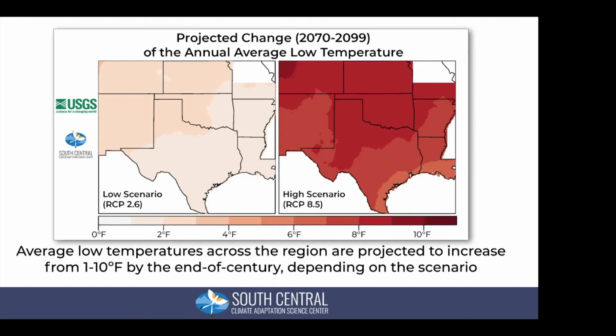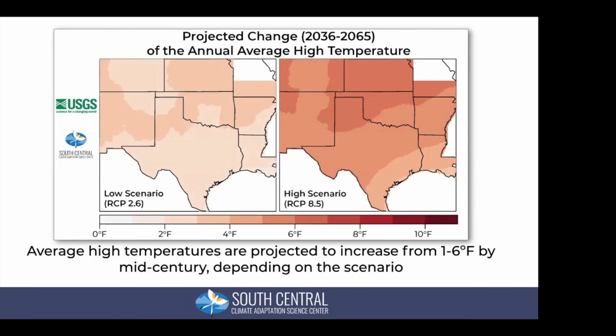That means that no matter what combination of global climate model, downscaling technique, or observational data set that we use, we get essentially the same results. And these results are also consistent with those of the National Climate Assessment, which use an entirely different downscaling technique and more GCMs. The next maps will show the projected change in the annual average high temperature.